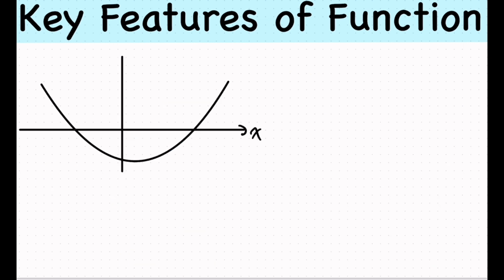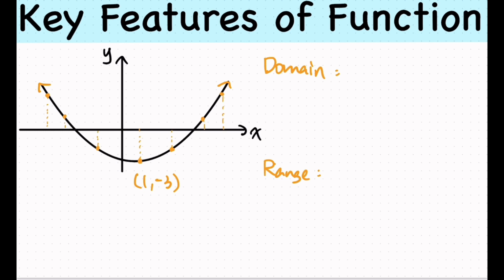Here is another example. This is a quadratic function. And again, I want to find the domain and range. The domain represents all the possible x values. Again, what I do is I spot all of the possible points on this graph, and then I draw the vertical line to the x-axis, and then I find the corresponding x-coordinates.